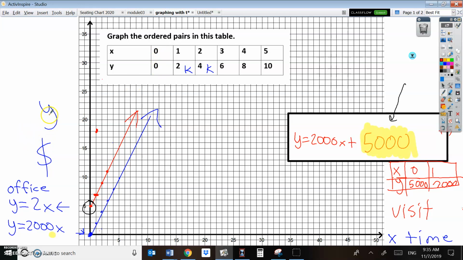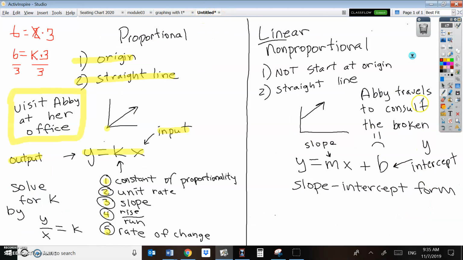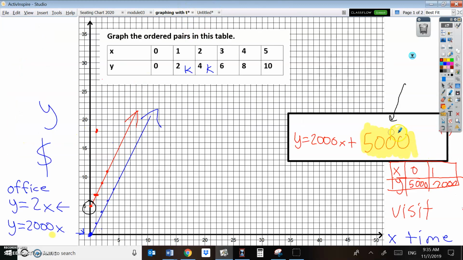But sometimes the doctors are so broken that they need Abby to travel to them. So this red graph shows what happens when Abby visits the broken doctors. They're just so stressed out by their work being a doctor that they can't even get out of bed. So Abby will come and talk to them and help them. But it costs. It costs $5,000 for Abby to travel because she travels in style.